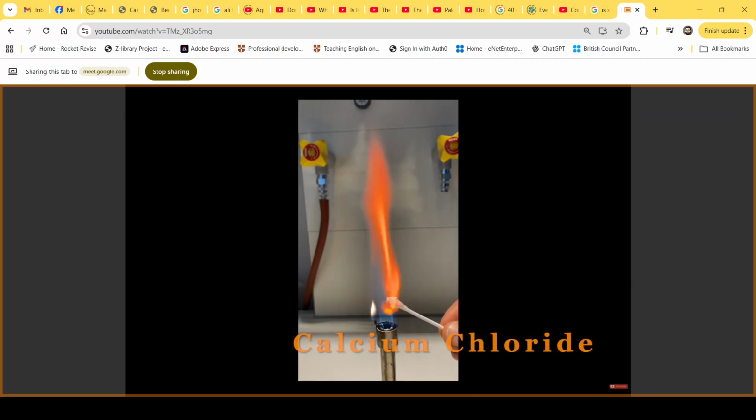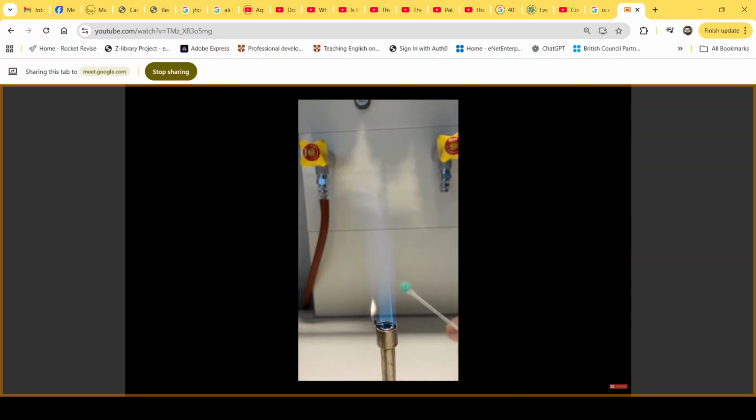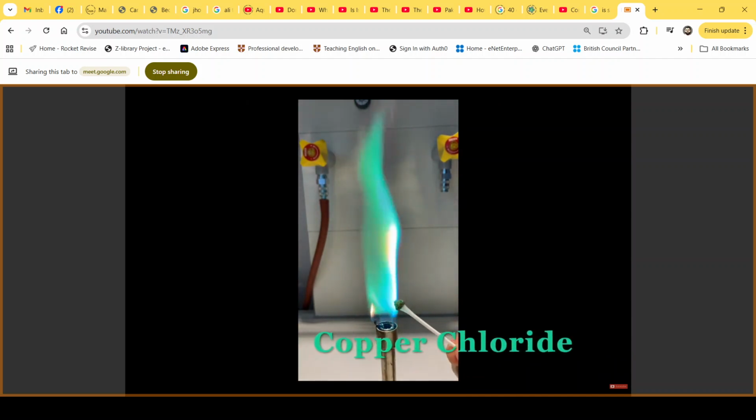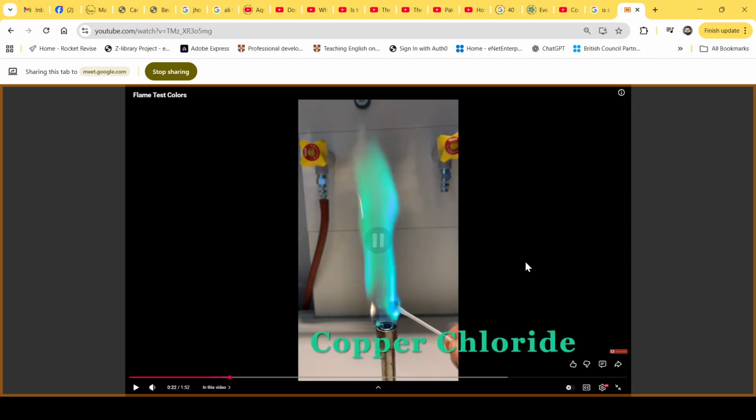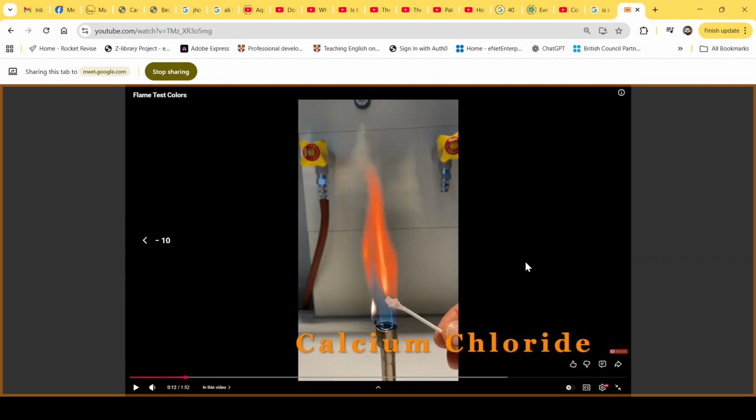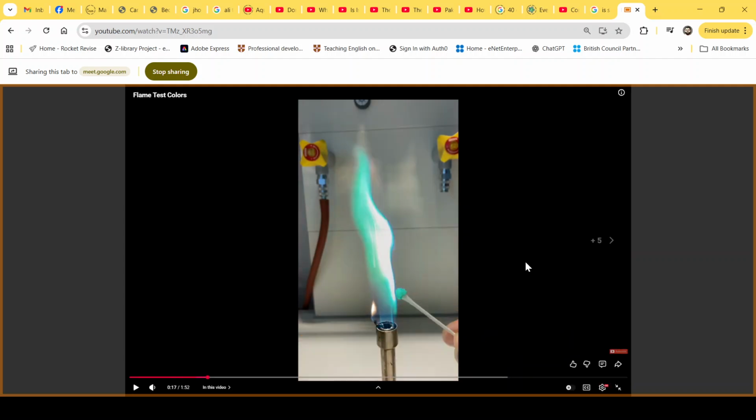One thing you see over here is that they've actually taken the salt itself, so you can do that as well, and they're putting the salt directly into the flame. The previous one was calcium chloride. This is copper. The focus is on the metal, so calcium gave you that red flame, right? And copper is giving you this greenish flame.